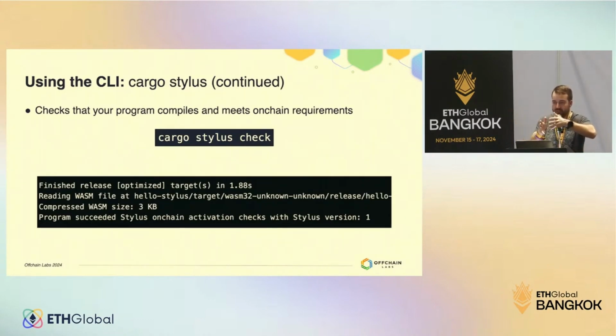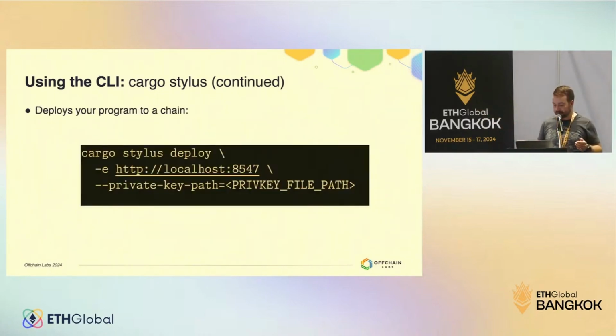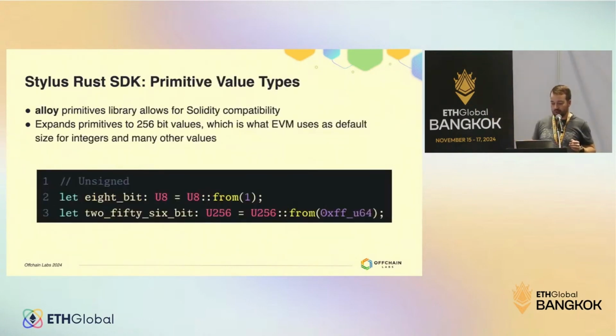Running cargo stylus check will make sure your code is still under the limits. If you need more than that, you'll have to break it up into multiple contracts. Once you're ready to deploy, you'll call cargo stylus deploy with an endpoint and a private key, and it will deploy to either your local chain or a remote chain.